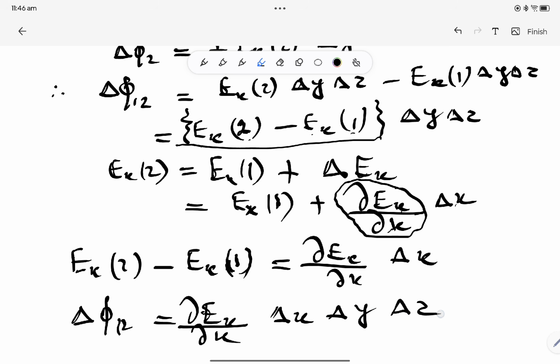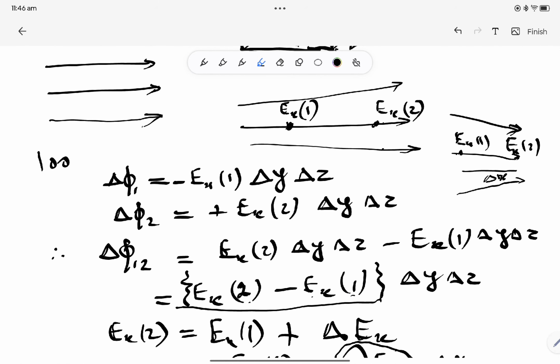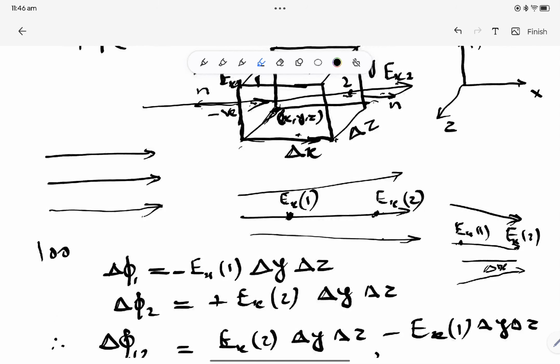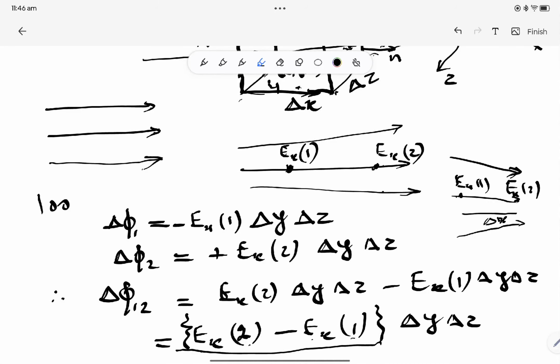Similarly, we can now consider the Y component. If we write phase number 3 and 4, say this is phase number 3, this is phase number 4, then there are phase numbers 5 and 6, front and back.